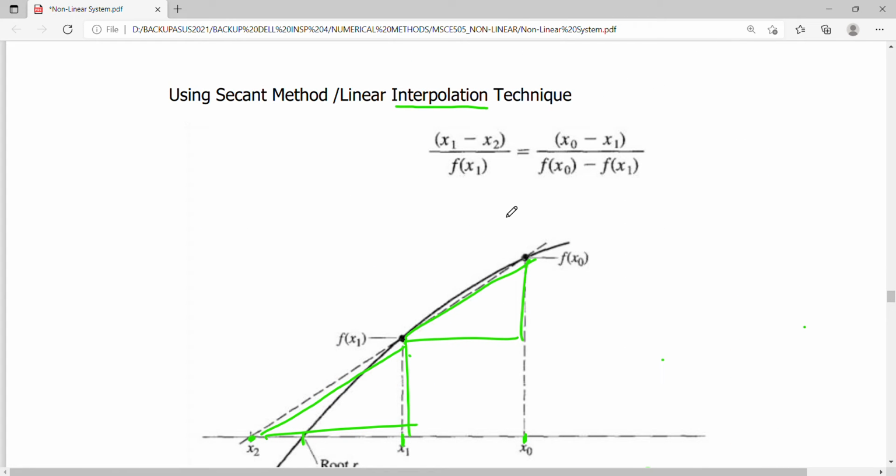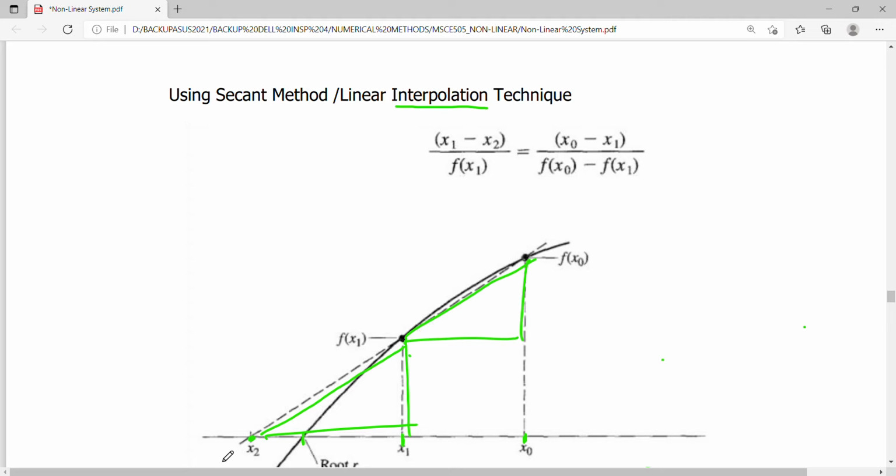2 points in order to get a slope. Okay, I need 2 points to get at least a slope, and interpolate that into the x-axis by further extending the line up or down.